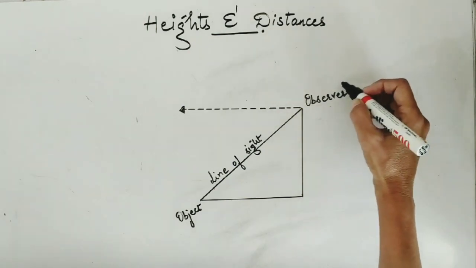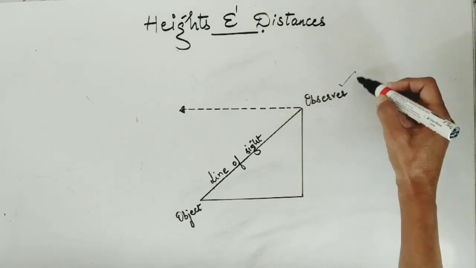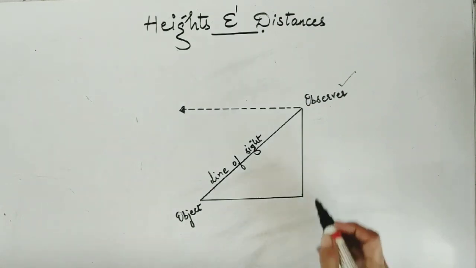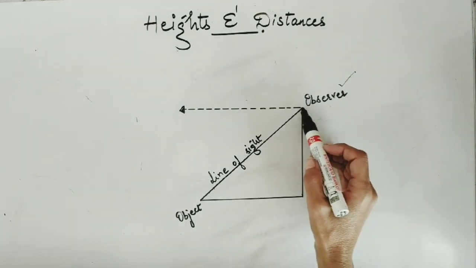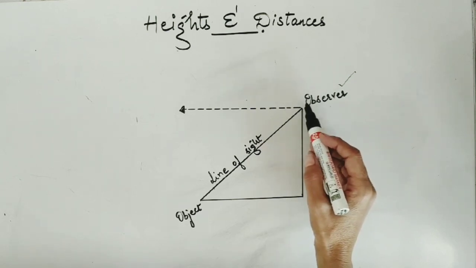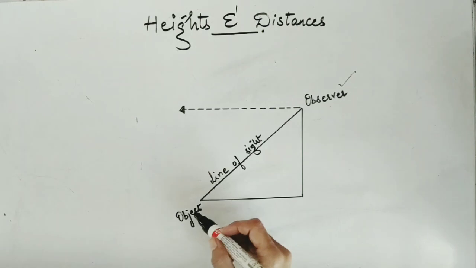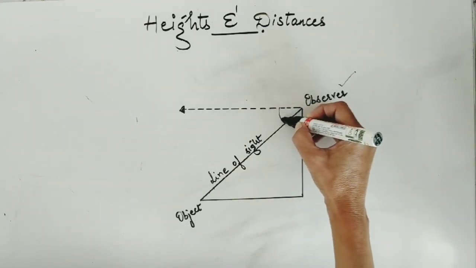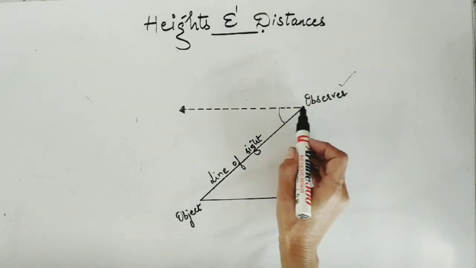But our situation is slightly different. The observer is on the top, the object is placed here. In this case, as the observer has to lower his head to look at the object, the angle is formed between the line of sight and the horizontal.